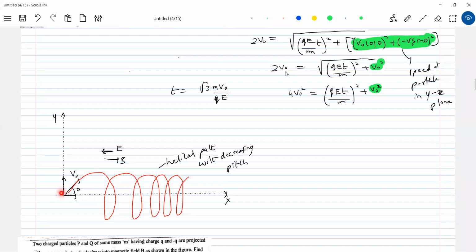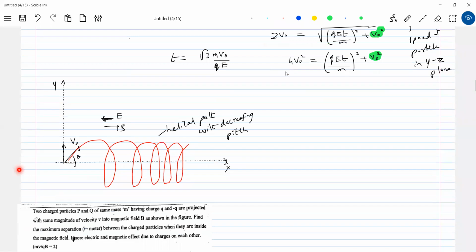Look at the B bar. B bar will be into the plane, but it's moving along the positive x-axis, no? Got this? There are n number of ways of asking. I'm leaving it to students to analyze all these things. So work out a few numericals related to all this.